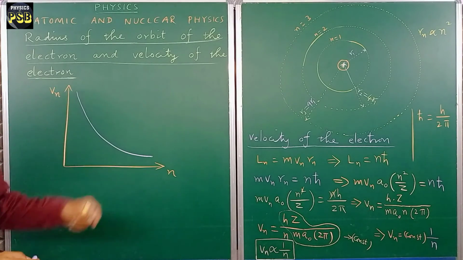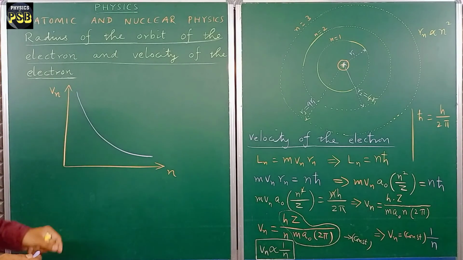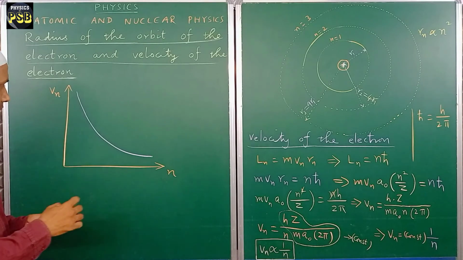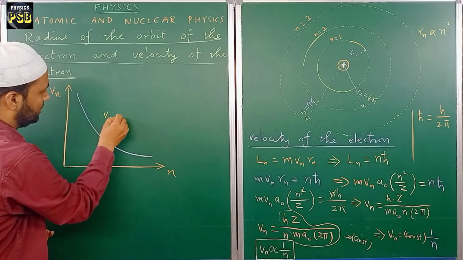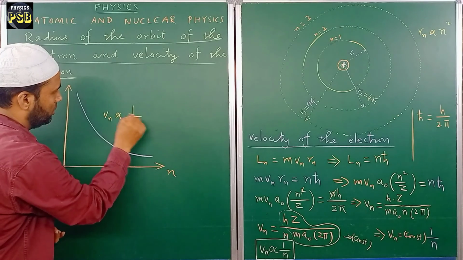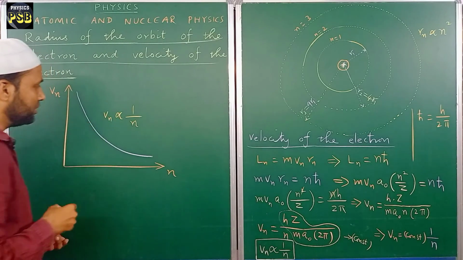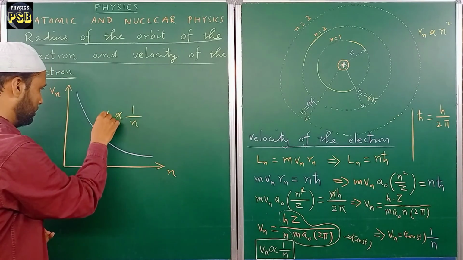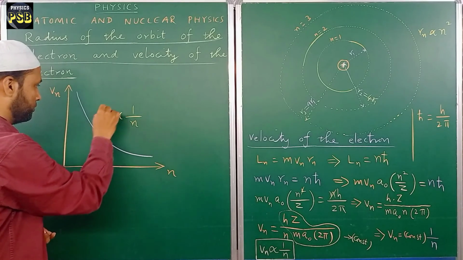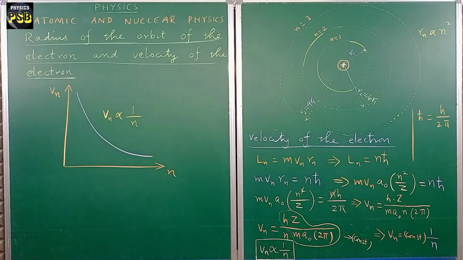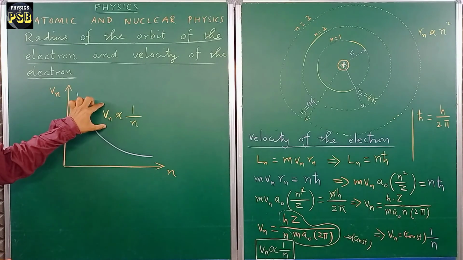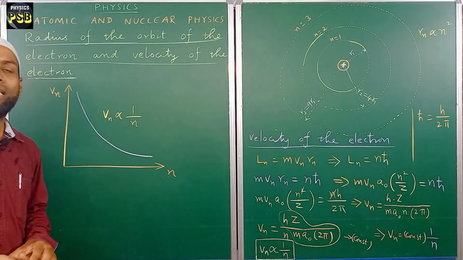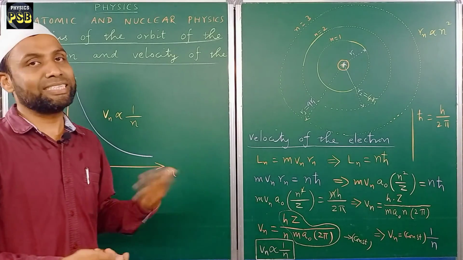The curve that we have obtained here is nothing but a rectangular hyperbola. This shows the relation Vn is inversely proportional to n. Once again, let me tell you what it means. This relation shows that electrons present in the ground state move with high velocity compared to the electrons present in excited states.